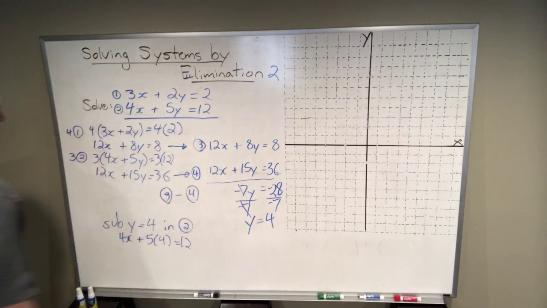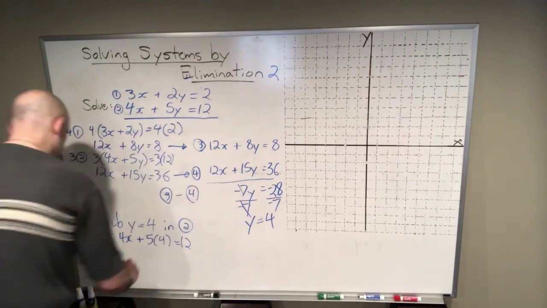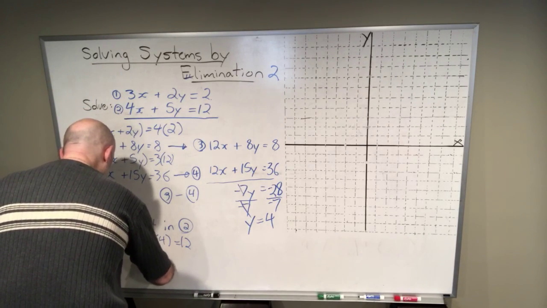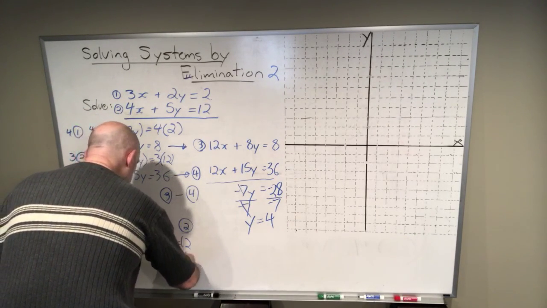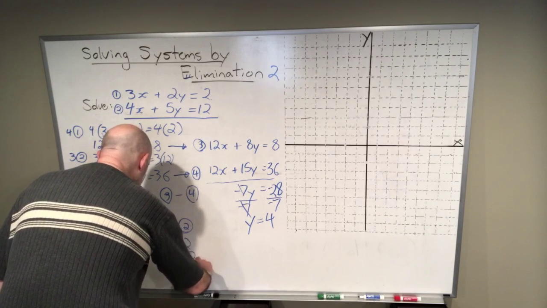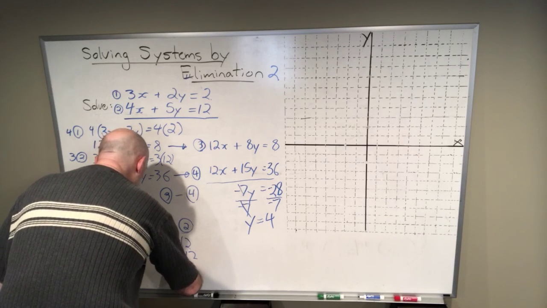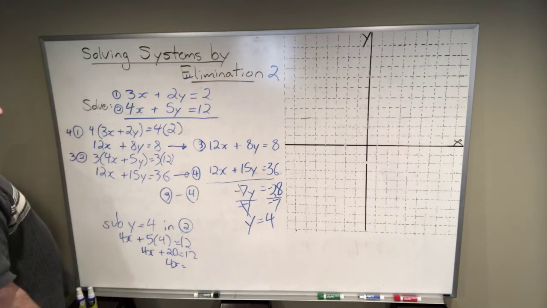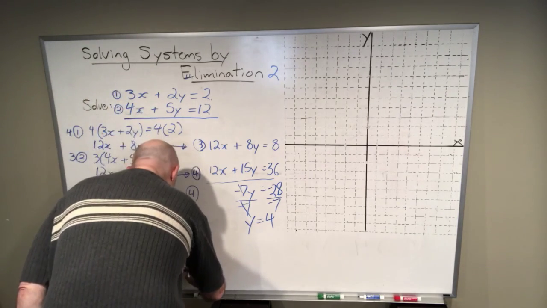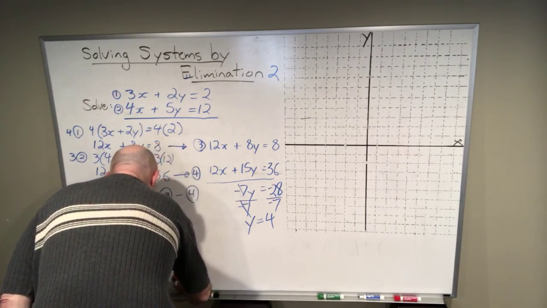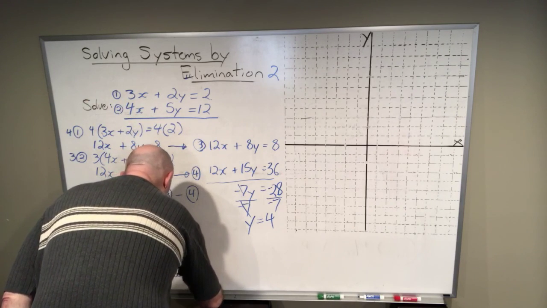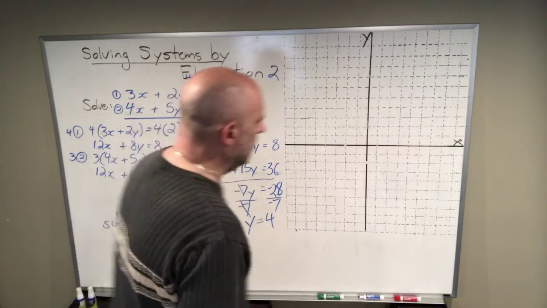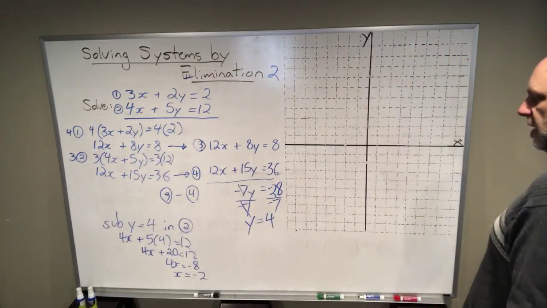Alright, so 4x plus 20 equals 12. 4x equals 12 take away 20, which is negative 8. Divide both sides by 4. We've got negative 2. Sorry, I was sort of blocking everything there.